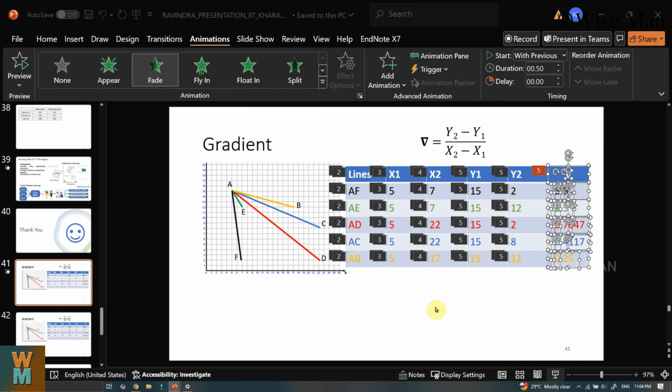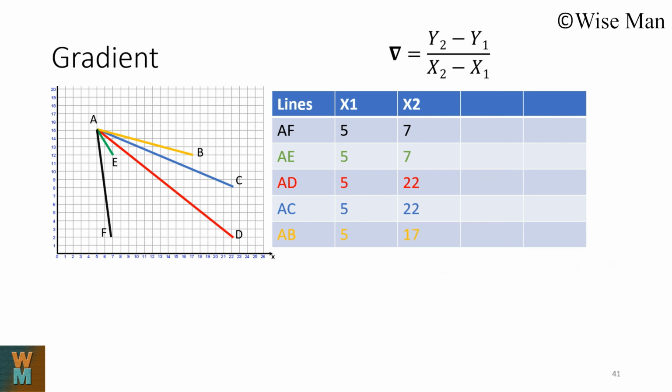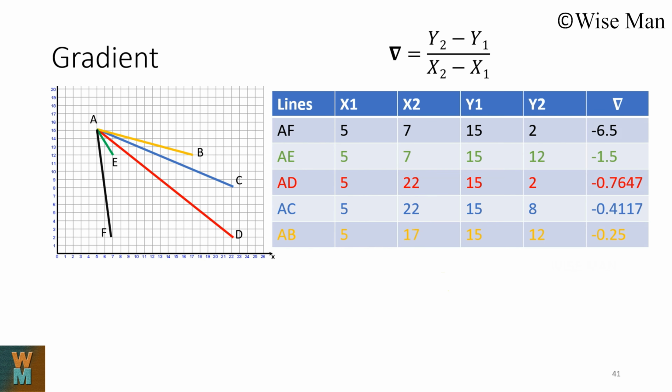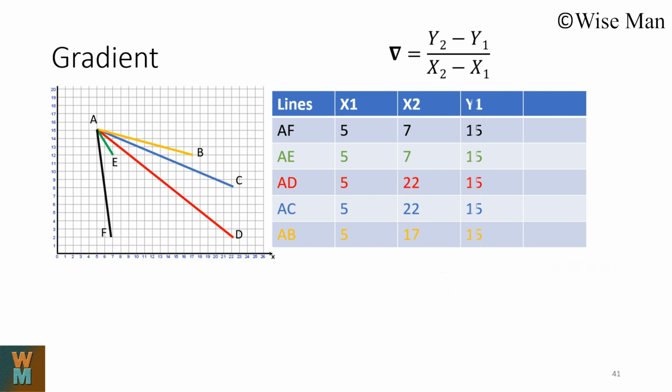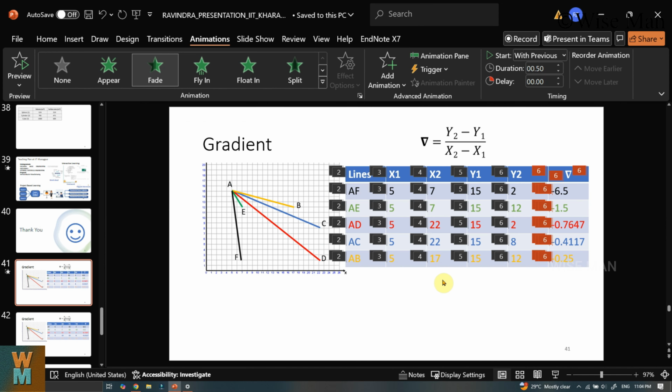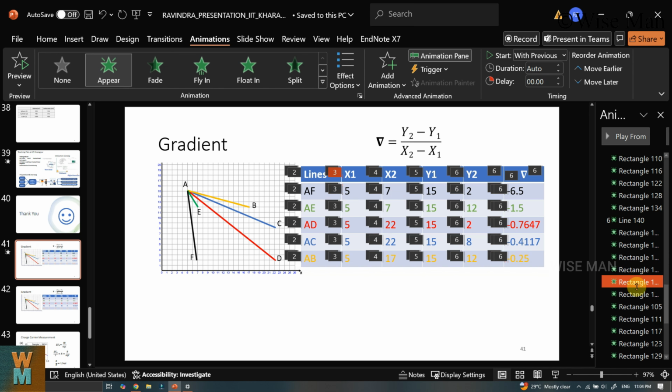Now let's see. So this will appear in this way. I will go to the Animation Pane, and I can see that there are two different animations on the same column.